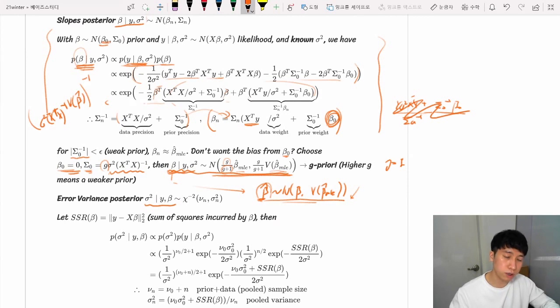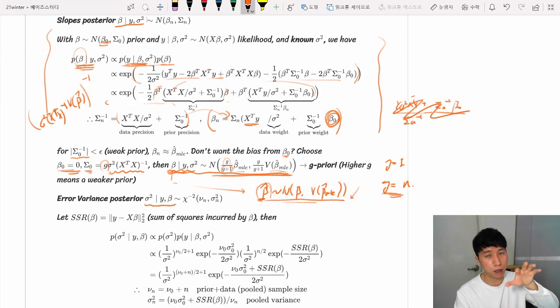Usually we set g equal to n. I'm not sure if I'm saying this correctly, but if you set g to be n, it translates into giving equal importance to your prior as well as the data. Please correct me if I'm wrong here.